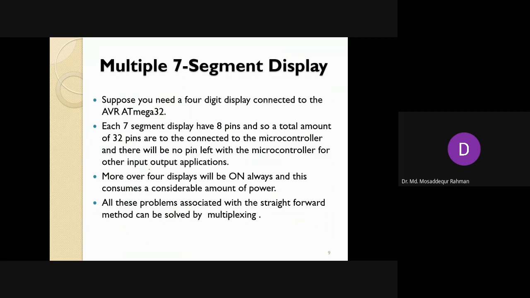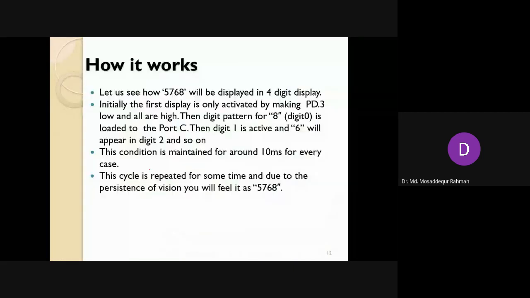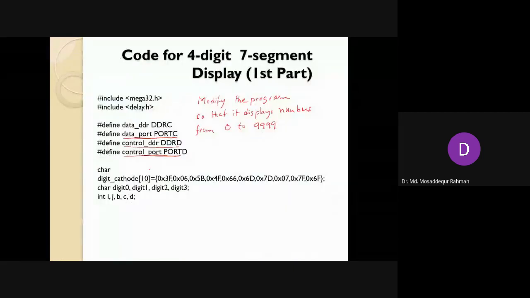Now I have shown you how to display one single number on this 4-digit display board. Now your job is to modify this program so that you can display numbers from 0 to the maximum number that you can display here, 9,999. Is that clear, guys?